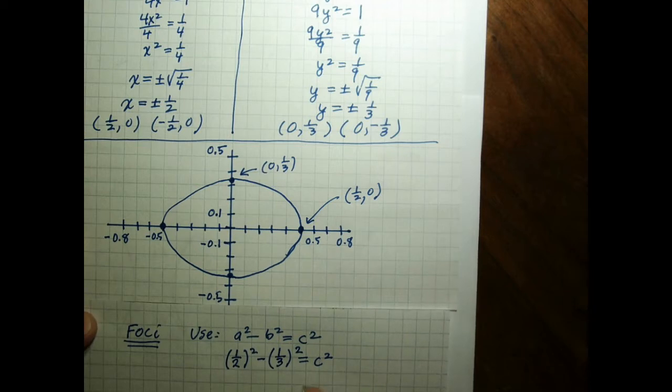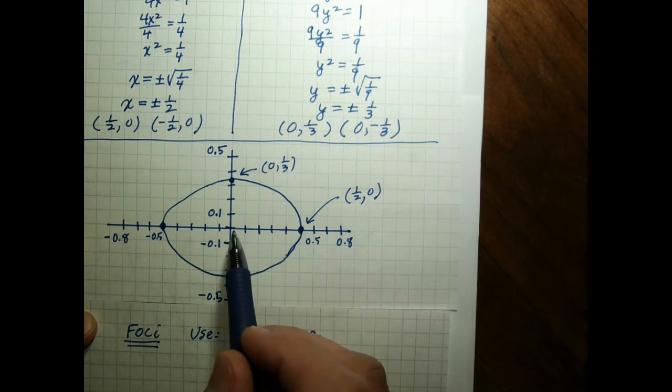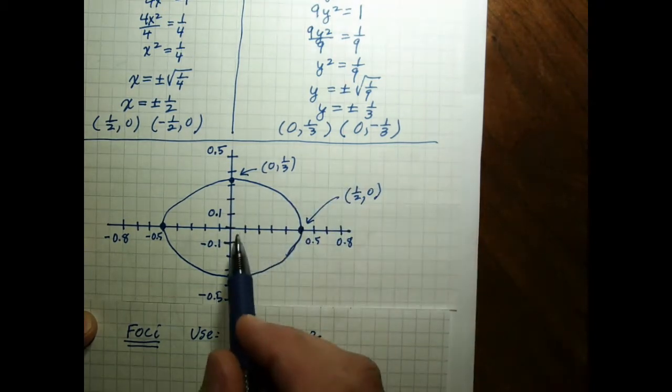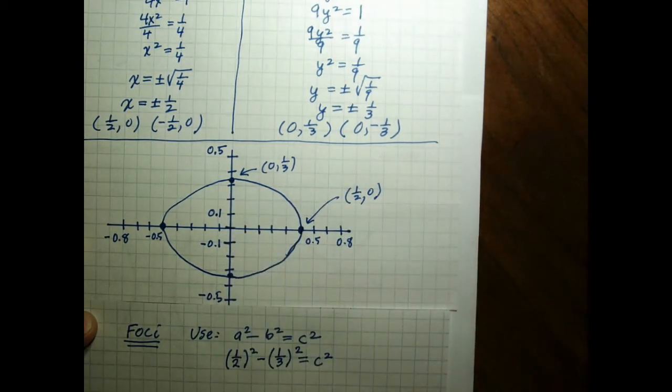And now again, how did I know which was a, which was b? It's really just the larger. 1/2 is further away from the origin than 1/3, so 1/2 is bigger than 1/3. And I get 1/4 minus 1/9 is c squared.